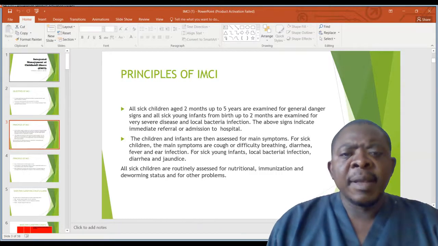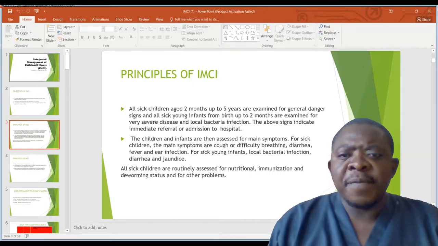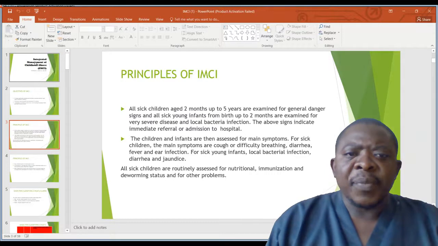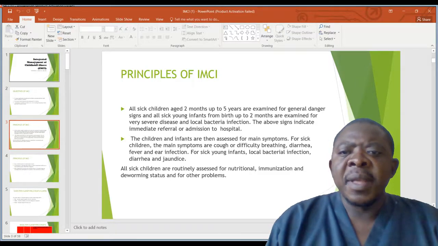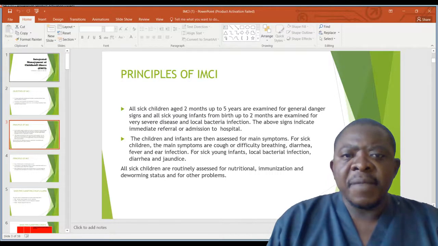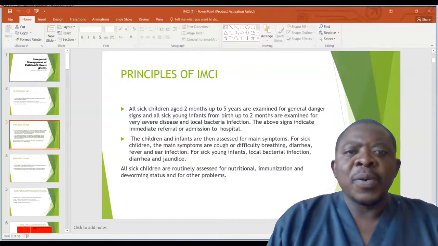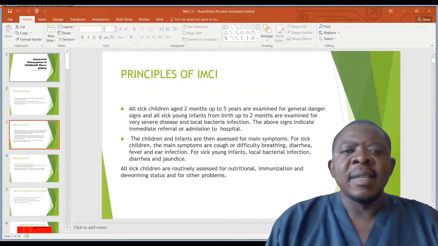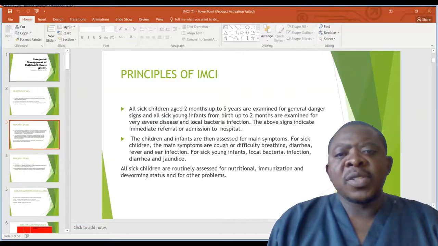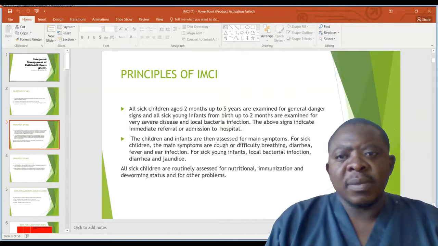So these are the main symptoms that children can present with: difficulty in breathing, cough, diarrhea, fever, and ear infection. The first principle is that children should be examined for general danger signs, and the second is that you need to look out for the main symptoms that a child can come with.